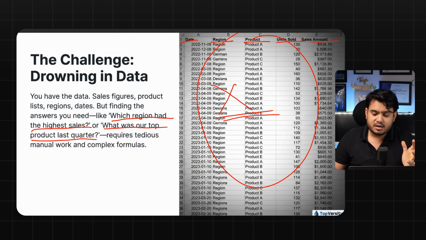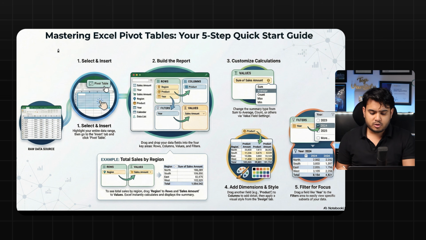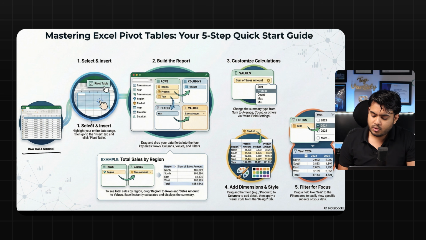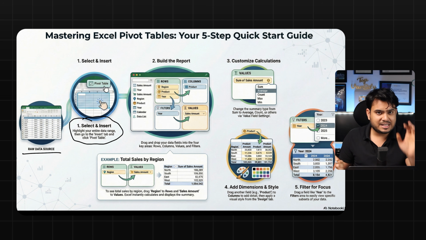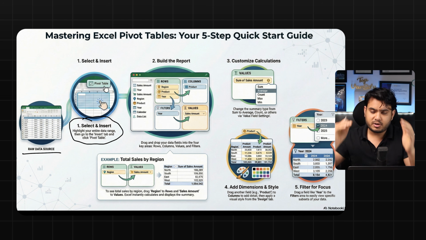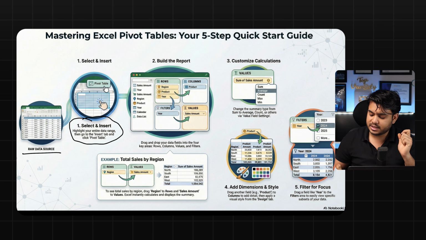So we'll learn what a pivot table is. Before going to that, let me show you how you can create a pivot table with the help of an infographic. Basically, you have the raw data that we have discussed. Then what you need to do first is select the raw data, whatever data table or sheet you have. We'll see it practically, but right now I'm telling you how you can create the table.